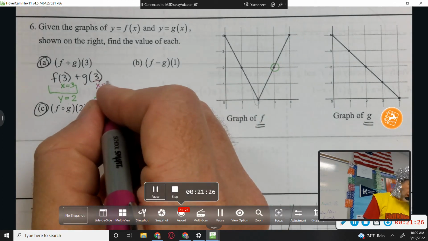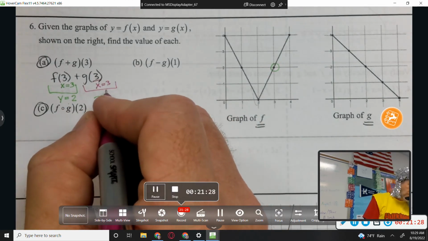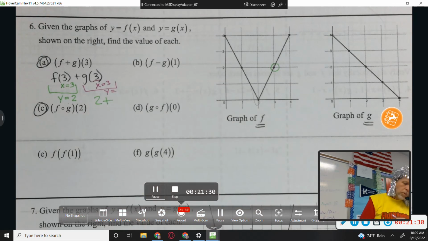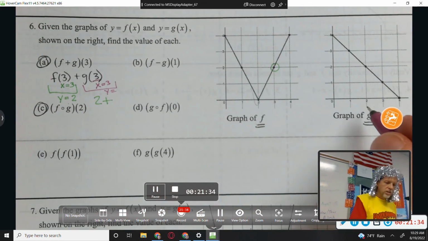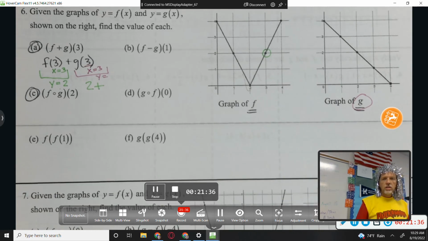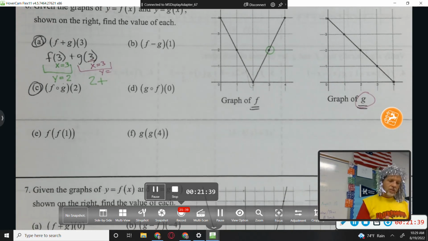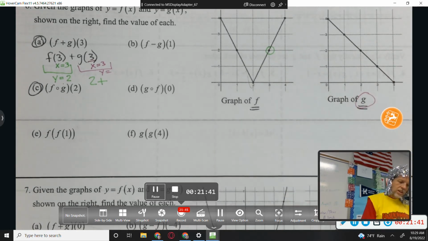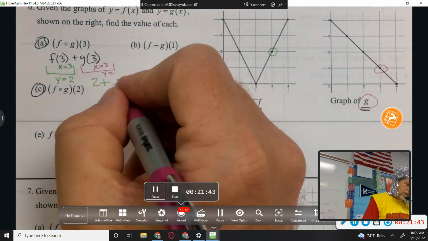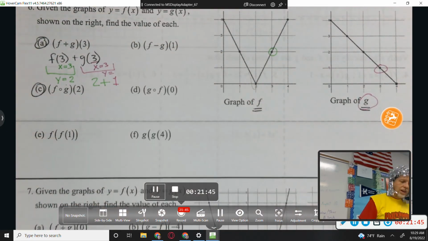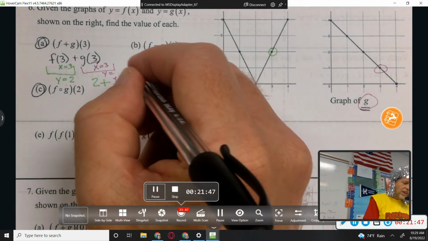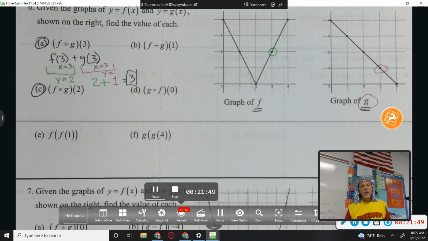X is 3, so we want the y value when x is 3, but this time we need to be on the g function. So what's the y value when x is 3? 1. So again, the computation part of today is easy. 2 plus 1 is 3. So using the graph to find answers is actually easier than plugging things in, but you got to know what you're looking for.